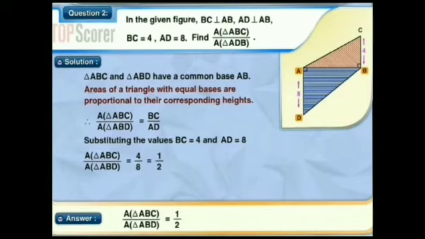So therefore, area of triangle ABC upon area of triangle ABD is equal to BC upon AD. Substituting the values, we get area of triangle ABC upon area of triangle ABD is equal to 4 upon 8, which is equal to 1 upon 2.